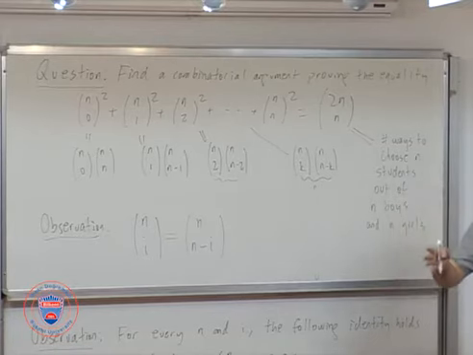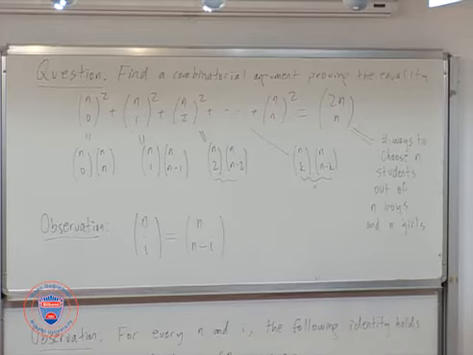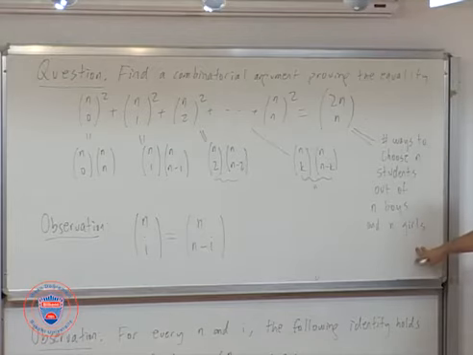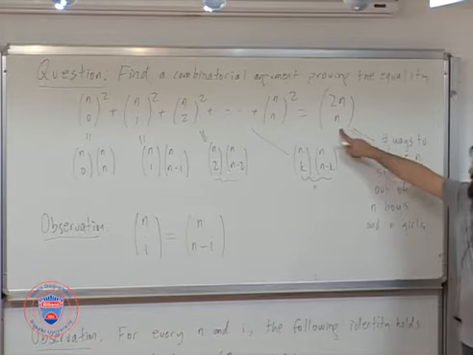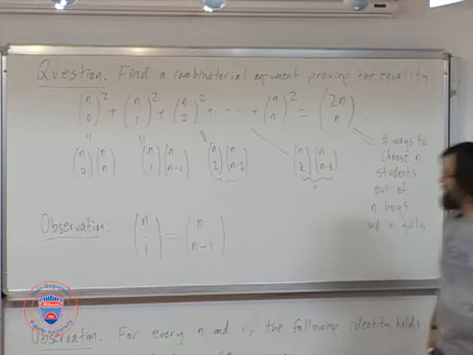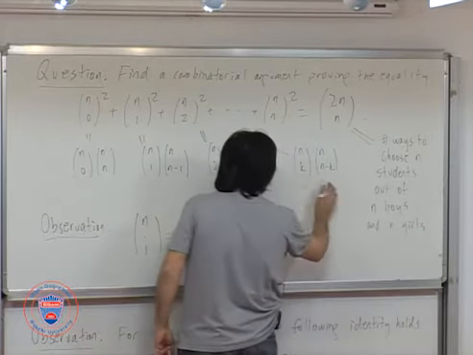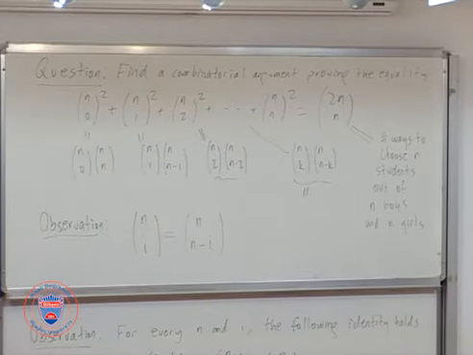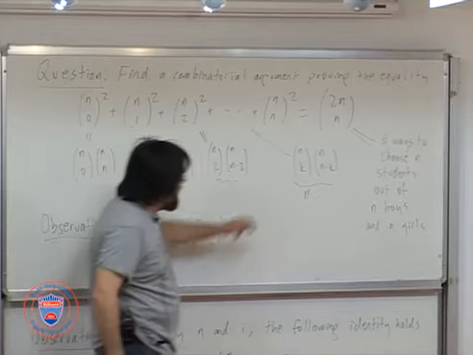So we have n boys and n girls. You're choosing n people. We don't care about how many girls and boys are in that. You're choosing a committee of n people out of these 2n total people. This can be done this many ways: 2n choose n.